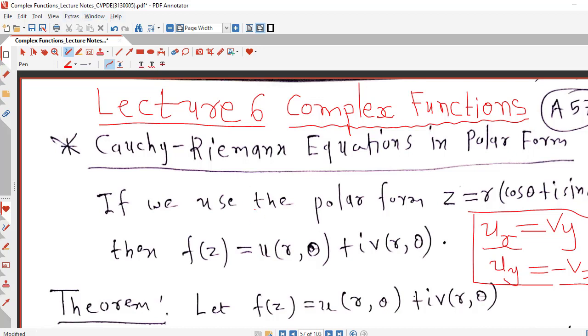For example, if I want to check differentiability of a complex function f of z equal to 1 upon z raised to 8, then if I am using Cartesian form, I will put z equal to x plus iy, so I have to multiply x plus iy with itself 8 times.